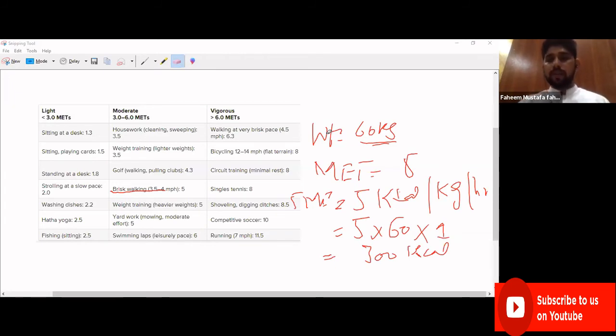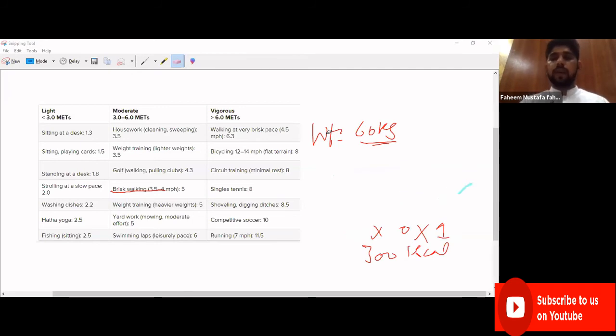Let's take another example. My body weight is 60 kg and suppose I'm joining weight training. I'm doing weight training for 1 hour and the Met score for weight training is 5.